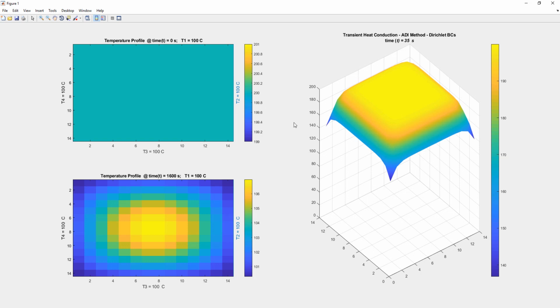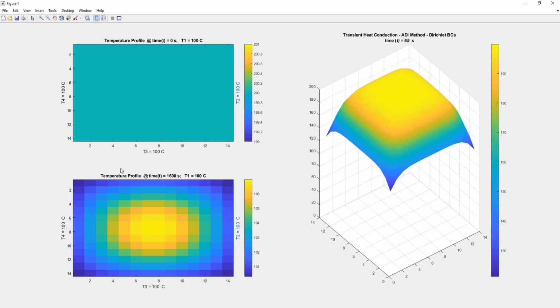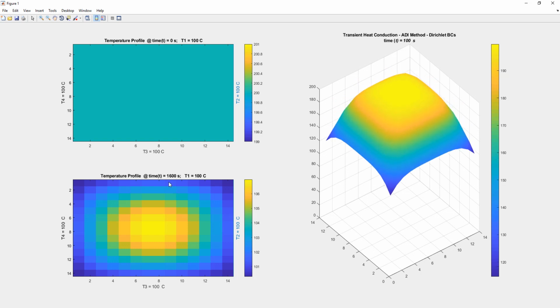Again, the left hand side top portion shows the initial condition, and the left hand side bottom portion shows the final condition when time equals 1600 seconds, and the right hand side shows the animated plot.